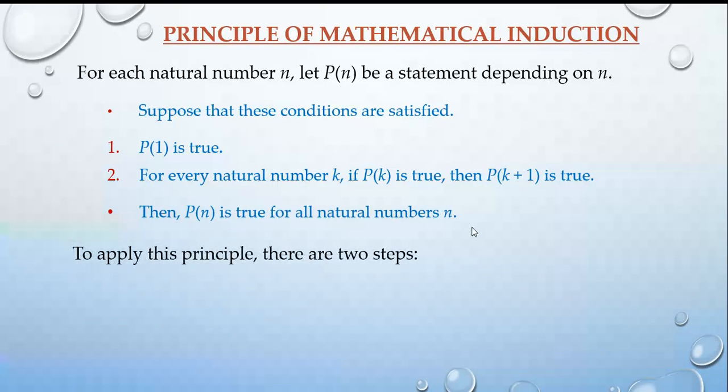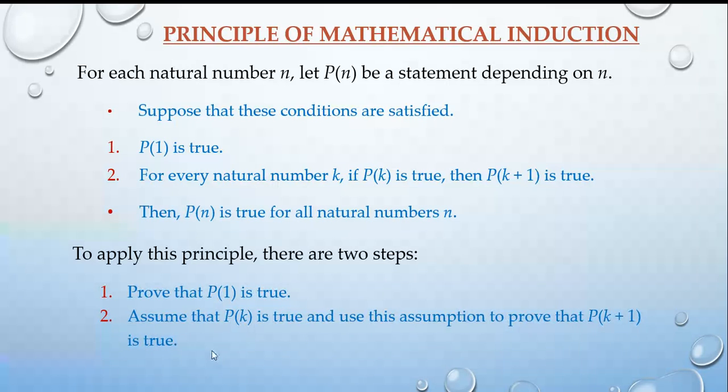Now how do we apply this principle? What are the steps? There are two steps. The first step is to prove that P1 is true, and the second step is to assume that Pk is true. Means in the second step we do not have to prove that Pk is true. We have to assume only that Pk is true, and using this Pk value we have to prove that Pk plus 1 is true.